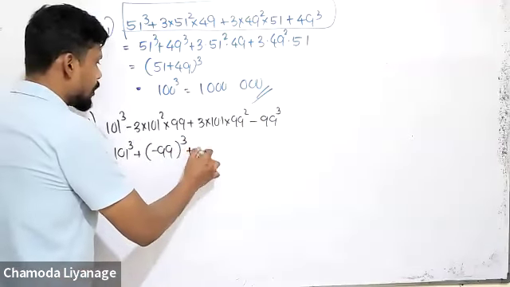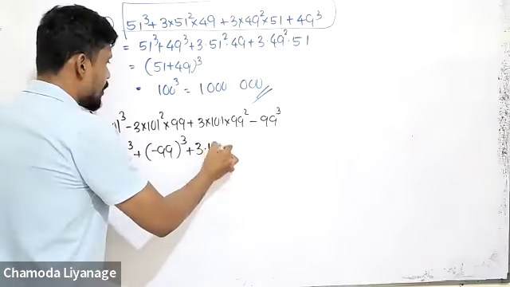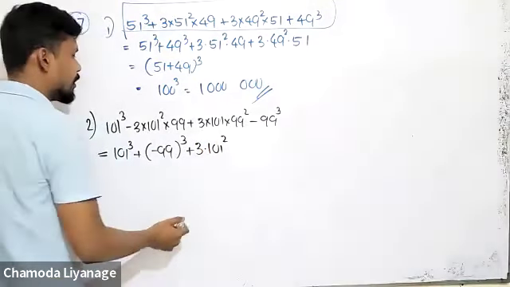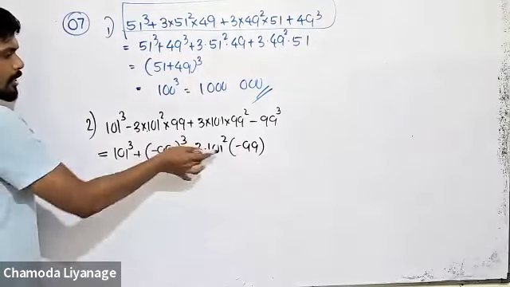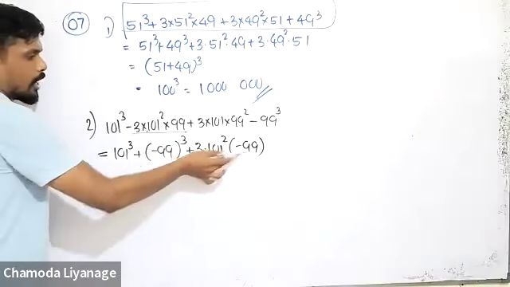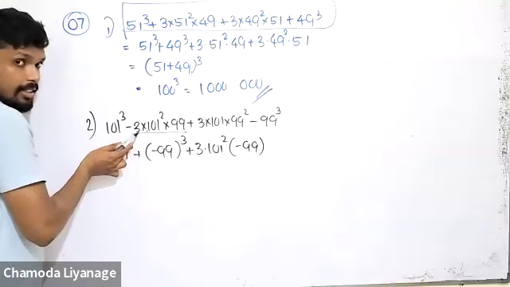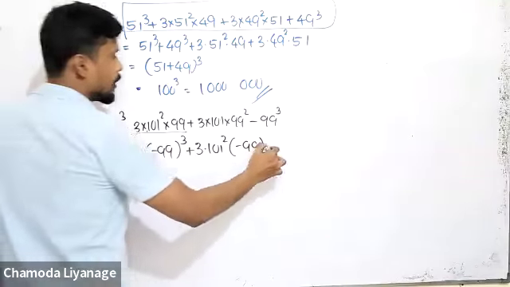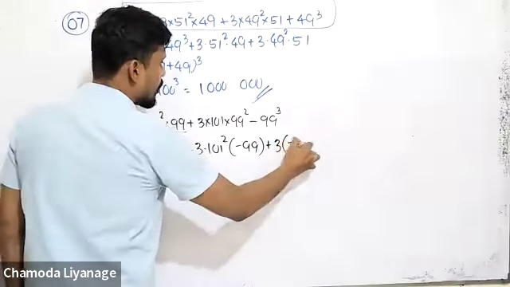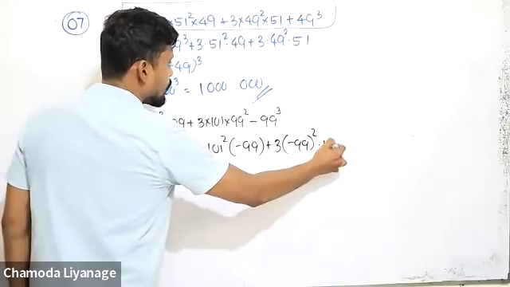And next one, 3 times 101 squared into minus 99. After simplifying this, the result is this one. Minus should be there like this. And next one, 3 times minus 99 squared into 101.